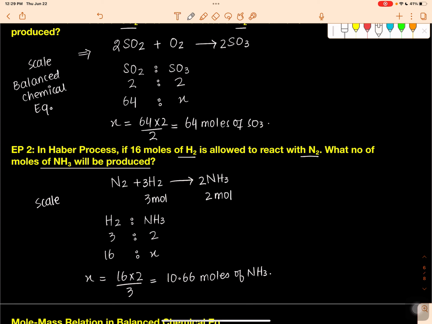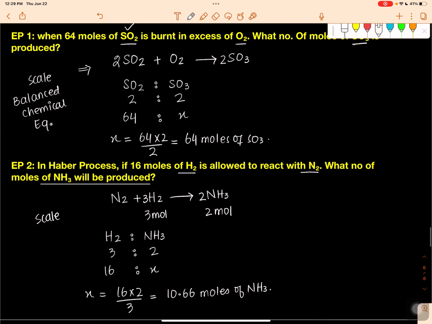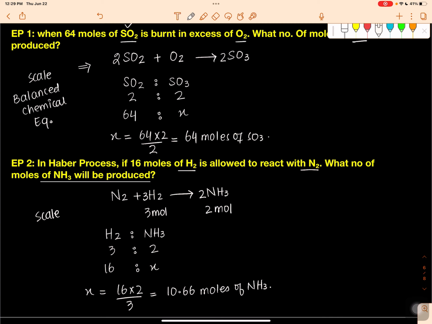Now you see, the first problem is a very direct problem, but the second example problem is not a direct relationship. This is a relationship that requires some math, or you can see that this is working in a ratio. So we see that what we need is a better understanding of the balanced chemical equation. We should have a balanced chemical equation so we can find out the amount of substances that we are going to need.